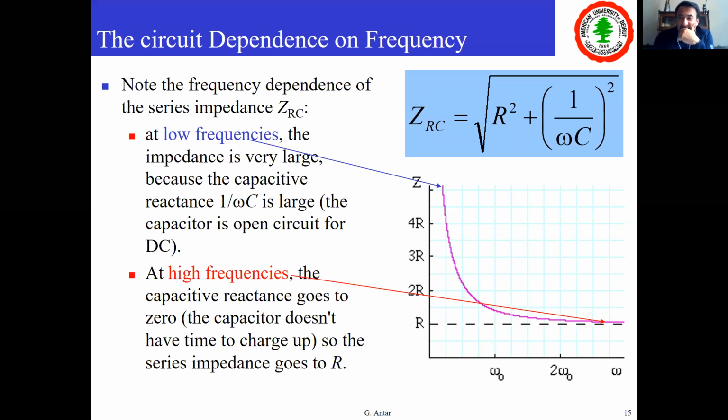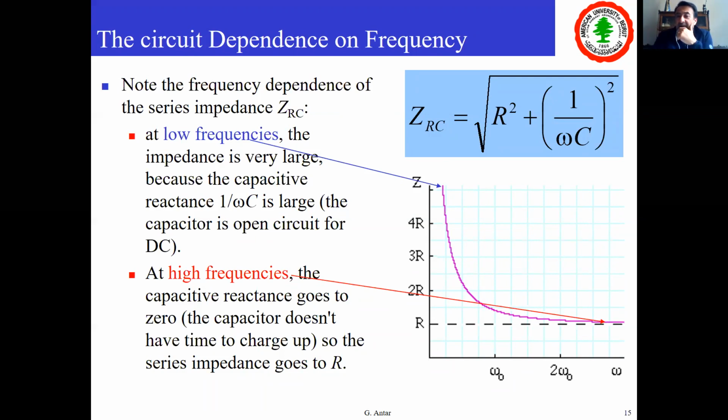How so? When omega tends to 0, this means that I am roughly a DC circuit. If I am a DC circuit, what I expect is that my current will be equal to 0, right? Because it's DC, my capacitor is fully charged, I have no current.